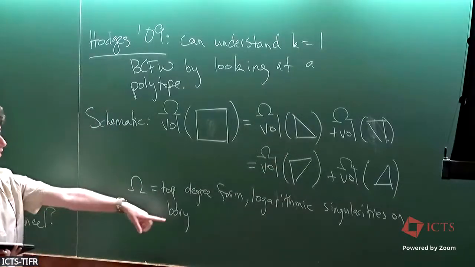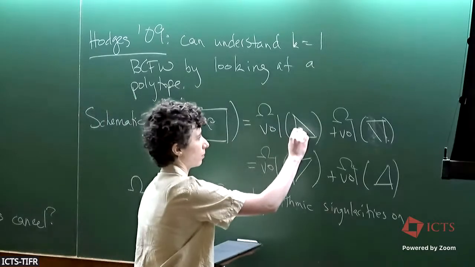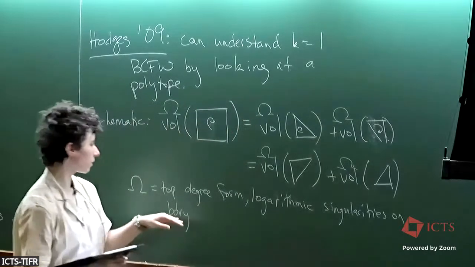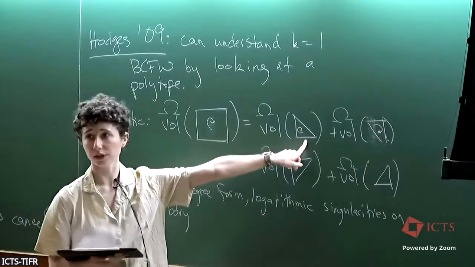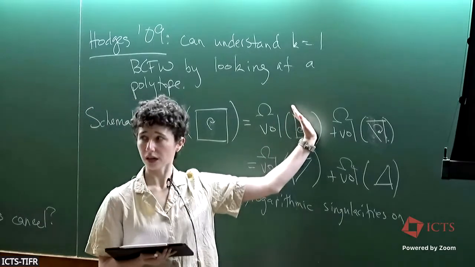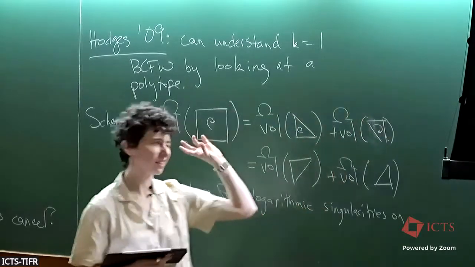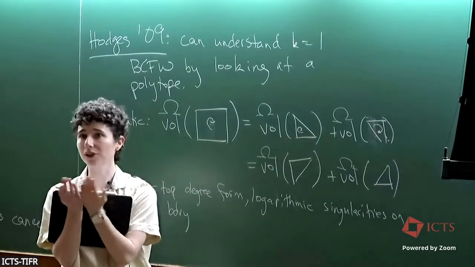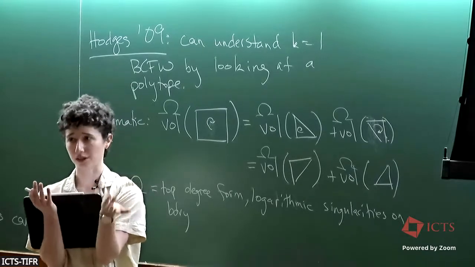And the reason that we like this is, I should also orient things properly, it explains the following. Here in this picture I have some spurious singularities. I've got logarithmic singularities along this diagonal in this picture and also along the same diagonal in this picture. But because I've done things carefully, when I add these two things together, because I'm gluing the two triangles along their shared boundary, that spurious singularity is going to disappear.